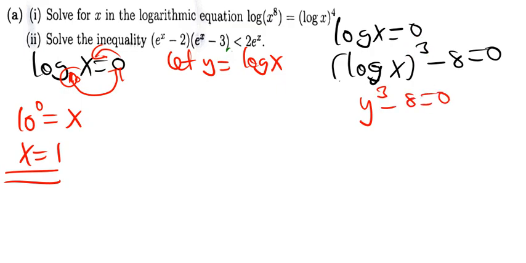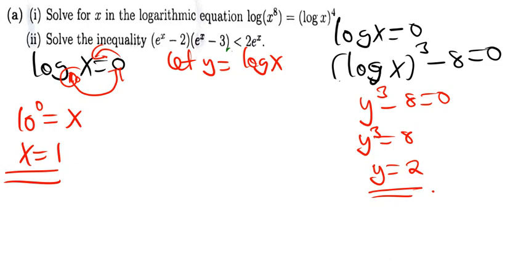So y to the power 3 is equal to 8. The cube root of 8 is 2. So y is equal to 2, like that. This is not the answer for x. We want to solve for x. I'll come back and say if my y is 2, what would be the value of x?